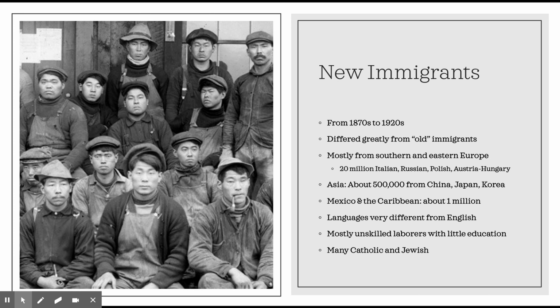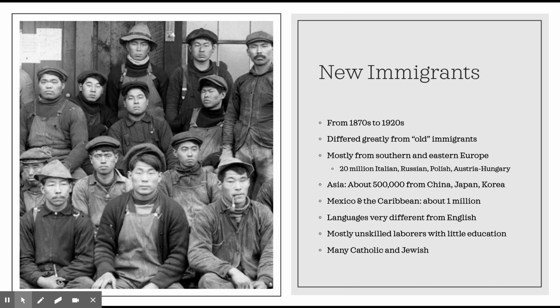Many of them were also Catholic, and many of them were Jewish, those coming from Russia, those coming from Eastern Europe, and a big chunk of them were Jewish, and they were escaping religious persecution. And a lot of folks who came from Italy were Catholic. Italy is, after all, where the Vatican is, where the Pope lives, right?